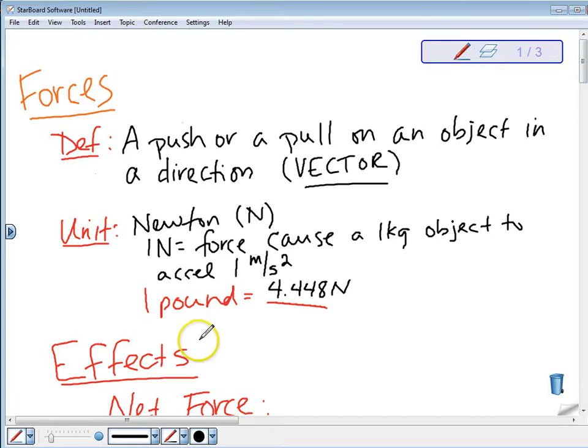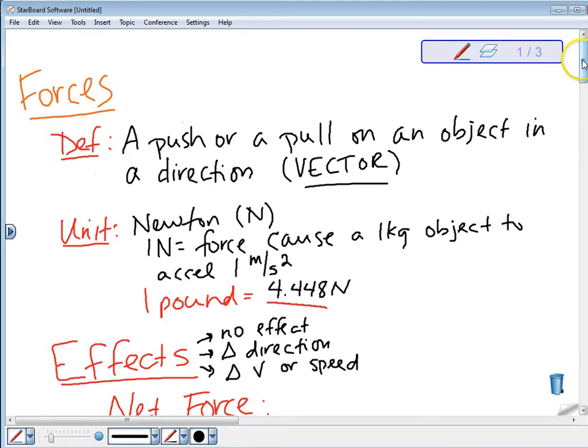The effects of a force, sometimes you'll experience a force and there will be no effect. Sometimes it will cause a change in direction. Sometimes it can cause a change in velocity or speed.